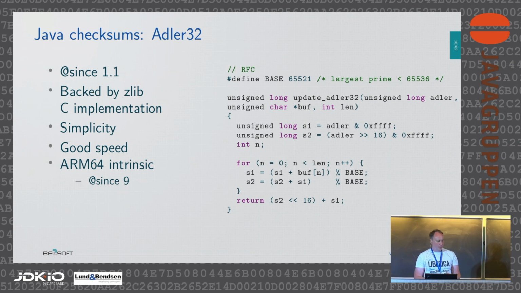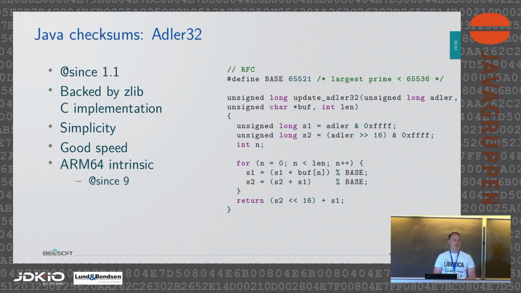But on different platforms, like on x86 or on ARM, people need more, and they do an even more optimized implementation using so-called intrinsics. So what is an intrinsic? An intrinsic is a special piece of code written in C or in assembly that can be inserted instead of your method by a compiler.